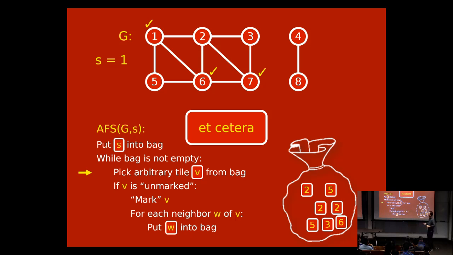I'm not picking a random tile here. I'm just picking an arbitrary tile. So this is not yet a fully specified algorithm, because I haven't told you how I pick this arbitrary tile. For now, we're going to reason about it independent of the exact means by which I picked this tile. At the very end, we're going to specify a couple of different ways you could make this line more explicit, and we'll see that slightly different things happen.